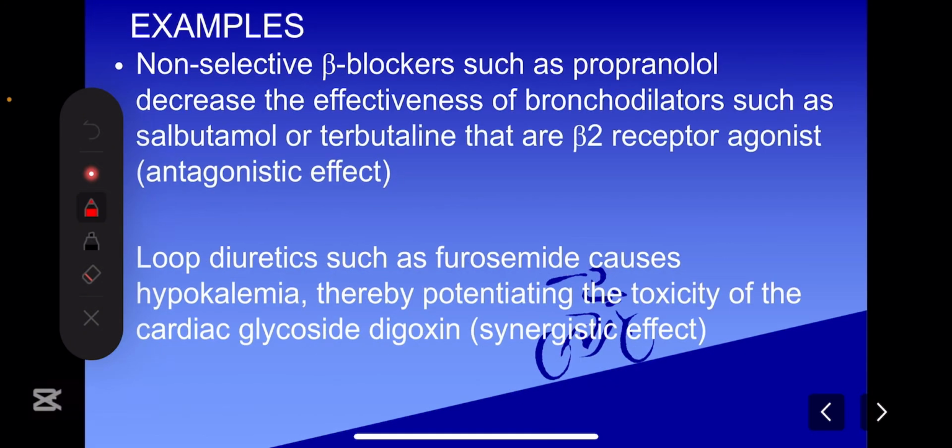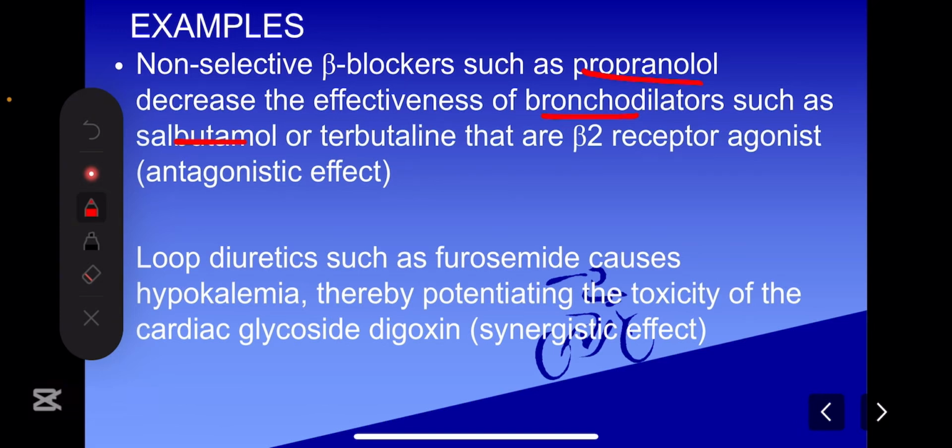So let's just look at some examples. For example, if you give somebody non-selective beta blockers, what do they do? They block beta receptors. Non-selective, they can block both beta 1 and beta 2 receptors. So if you give somebody non-selective beta blockers, example propranolol, and you give somebody bronchodilators, example salbutamol.